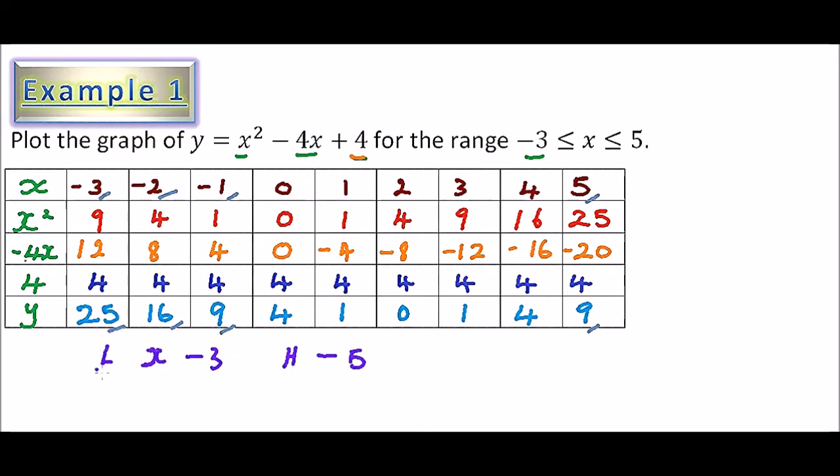The lowest value of y is 0, and the highest value of y is 25. So this will guide us in plotting our Cartesian plane so that we know how high is a value of y, and how far horizontally is the value of x.